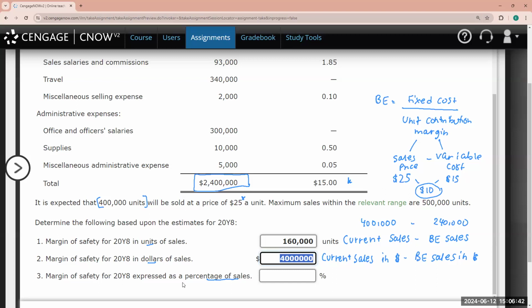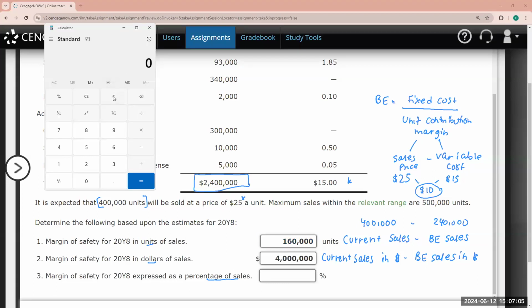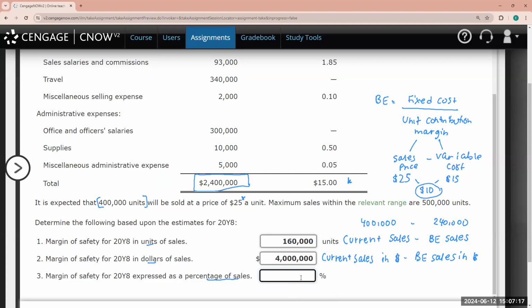So therefore, we would simply divide our margin of safety in units divided by our estimated unit sales. So in such case, our 160,000, which represents our margin of safety, divided by our estimated units of sales, which would give us 40%.